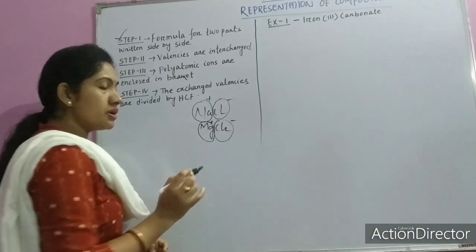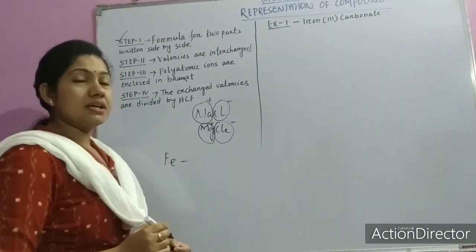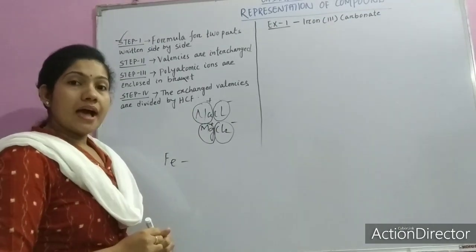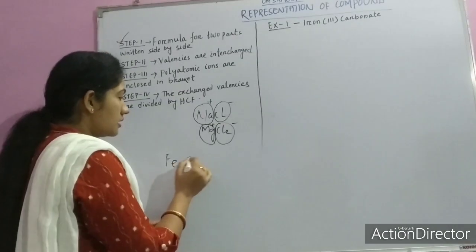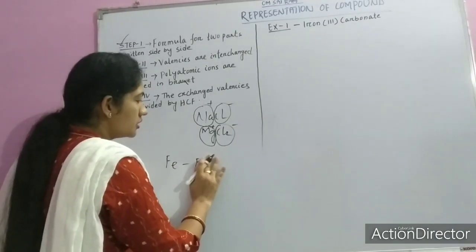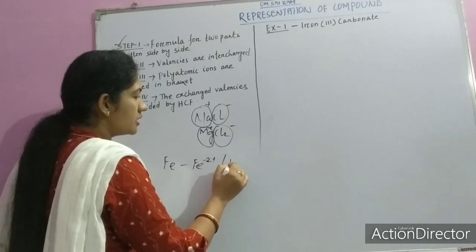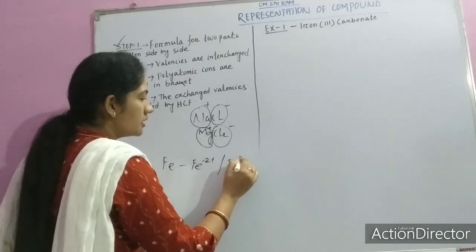Whenever we are talking about iron, iron can have multiple ionic states. Iron can form Fe2+ or it can form Fe3+.